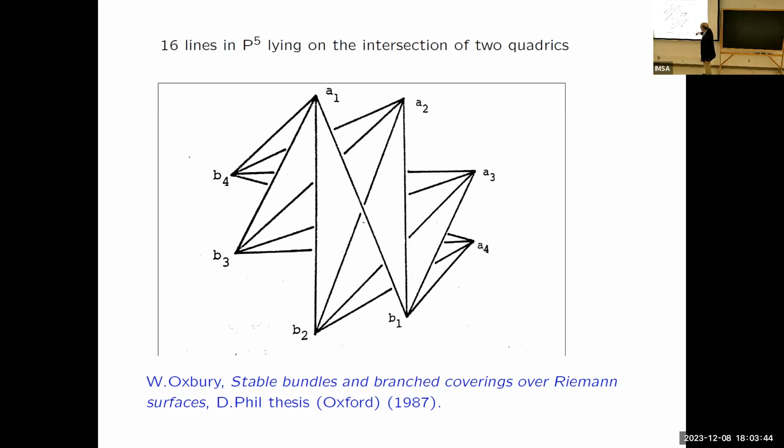For those who know about it, the wobbly locus consists of these lines. It's a beautiful picture, and what Roxbury points out is that these 16 points correspond to the points in this group. So this is a picture, if you like, where tensoring with a line bundle of order 2 on one of these gives us one of these 16 points.